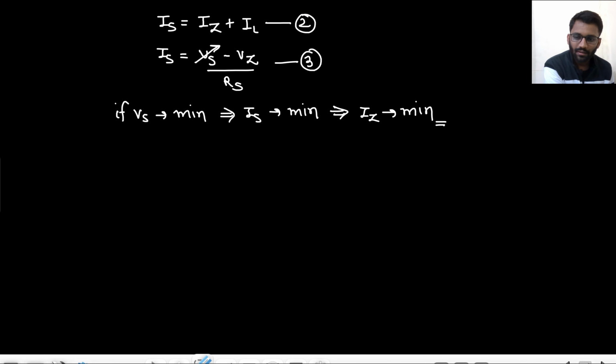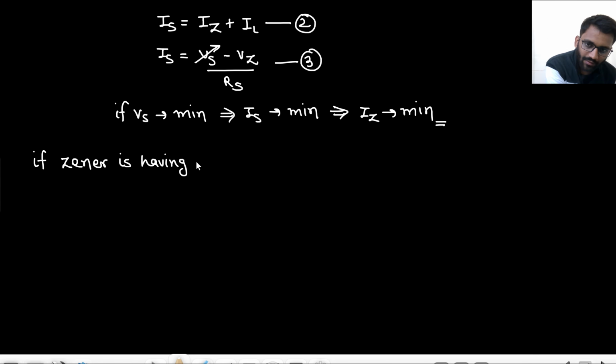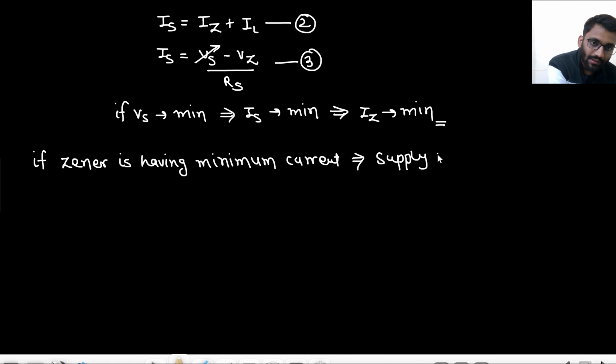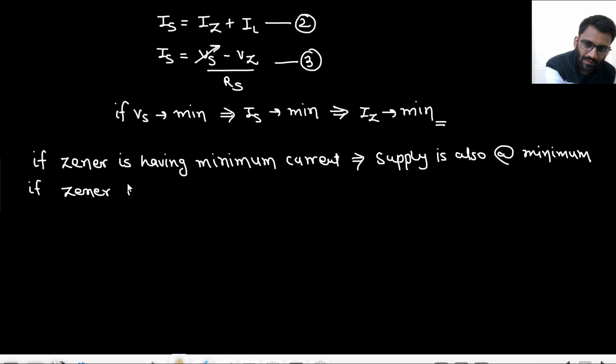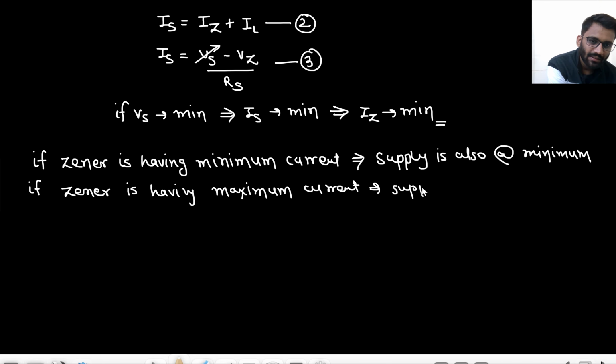This is the first point. If the Zener is having minimum current, that means the supply is also at minimum, and if the Zener is having maximum current, that means your supply is also at maximum.